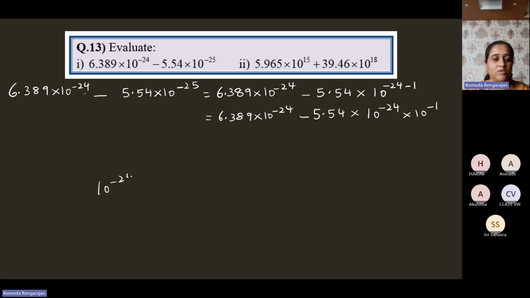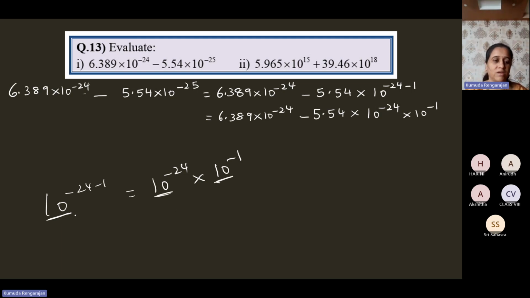Because when you have 10 to the power minus 24 into 10 to the power minus 1, bases are same in its multiplication, so you'll have to add the powers. So it will be 10 to the power minus 24 plus minus 1, which is 10 to the power minus 24 minus 1. You must write the same base.